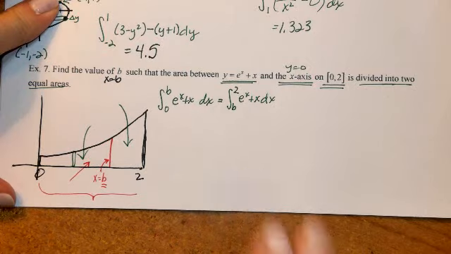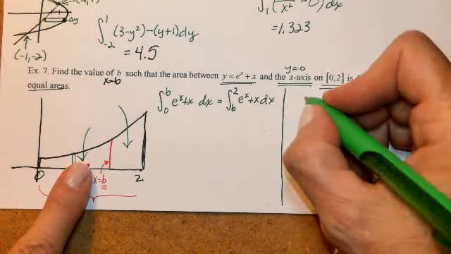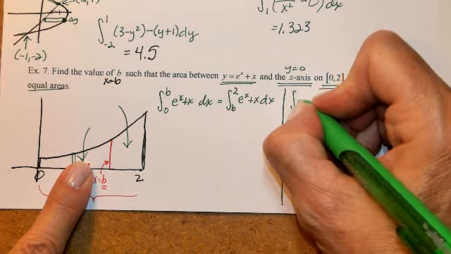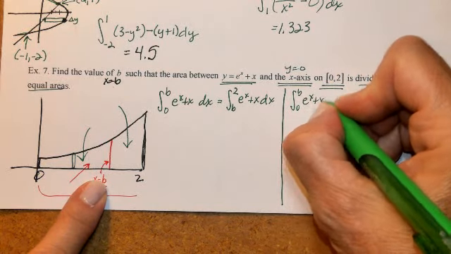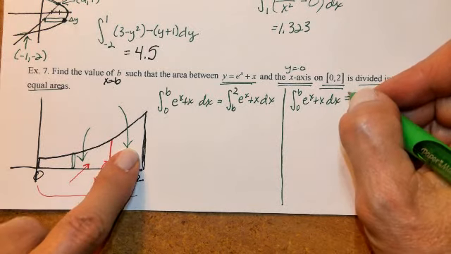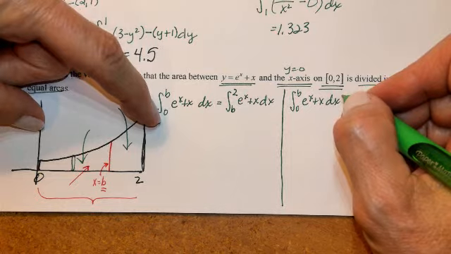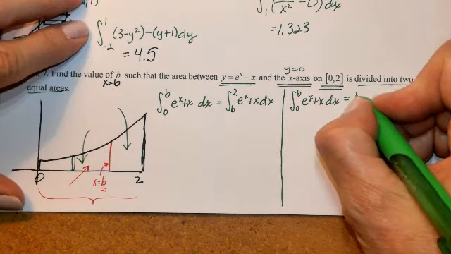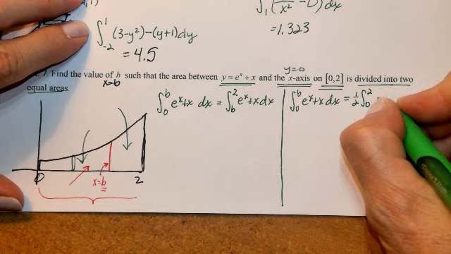Okay? The other way to do it is, again, to start off with the same thing we started with, integral 0 to b, e to the x plus x dx. But instead of letting it equal this piece, let it equal half of your entire area, right? Half of your entire area, 0 to 2.